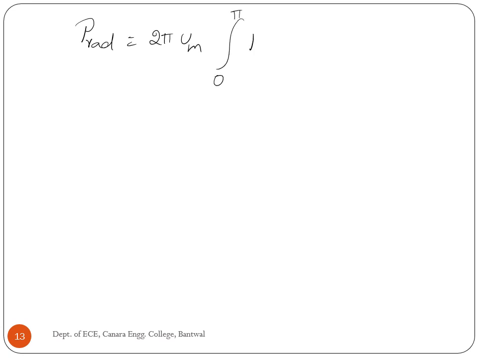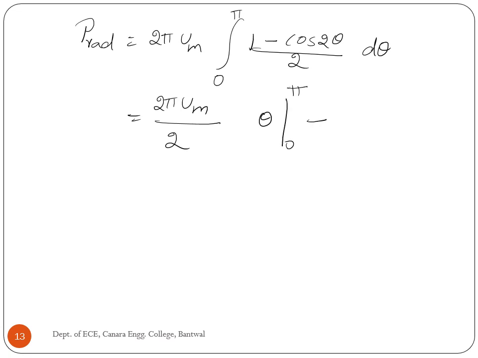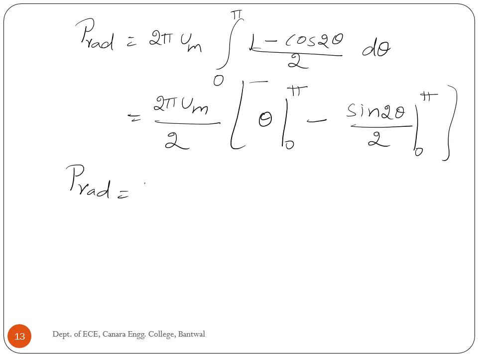Sin square theta is 1 minus cos 2 theta divided by 2 into d theta, which is equal to 2 pi Um by 2. Integral of 1 is theta, limit 0 to pi. Integral of cos 2 theta is sin 2 theta divided by 2, 0 to pi. Therefore, radiated power is equal to pi Um times pi minus 0. So, radiated power is equal to pi square Um.